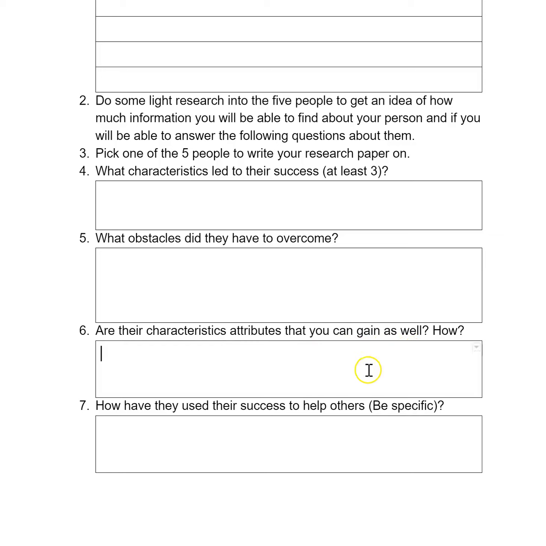So if you think they are hardworking, is that something you can do? And then if that's something you can do, how can you show that you have that characteristic as well? If they are intelligent, is that an attribute that you can gain? How would you go about becoming or continuing to be an intelligent person?